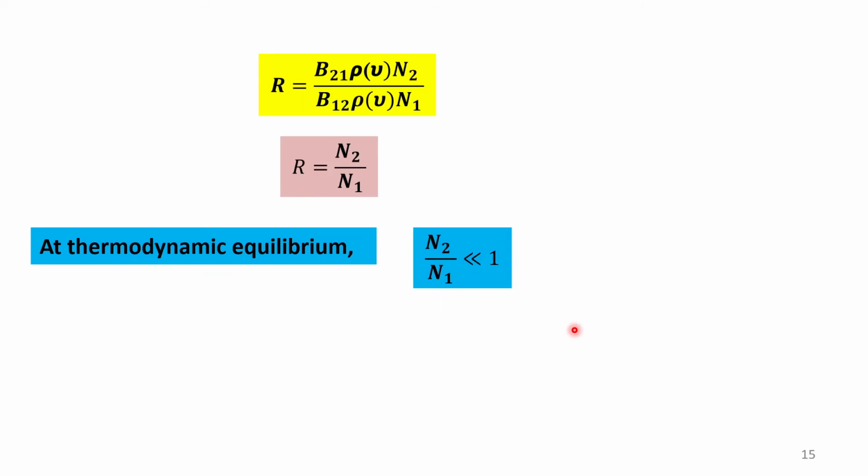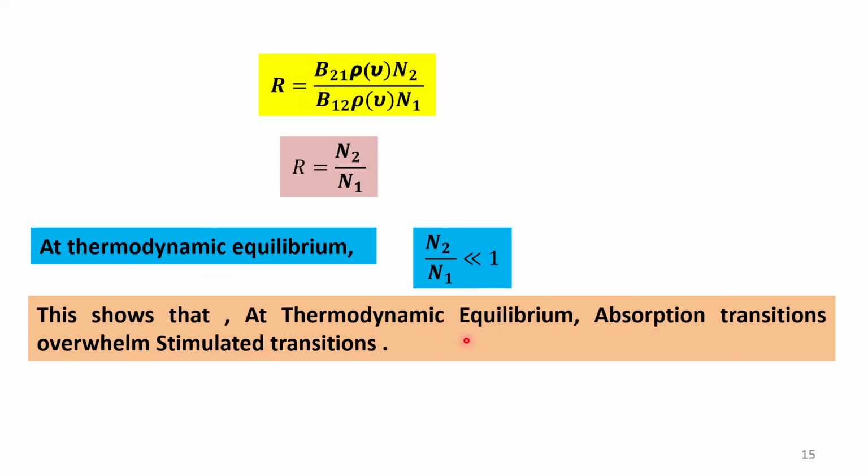Therefore, at the equilibrium conditions, we can write this ratio is less than 1. Therefore, N2 divided by N1 is less than 1.